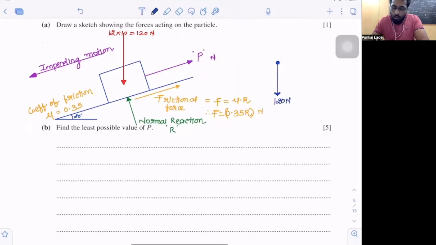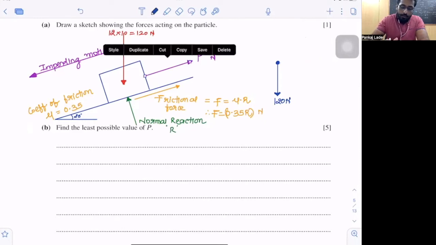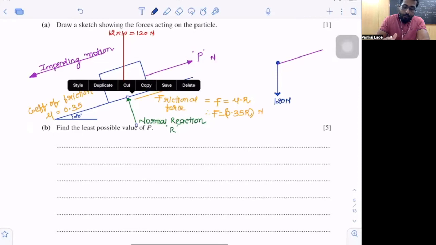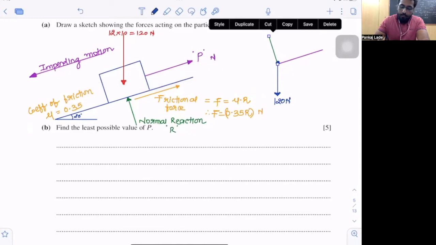Then I can show a force P. Let me just copy this force and place it over here. That's force P. Then you can copy the normal reaction and place it over here.